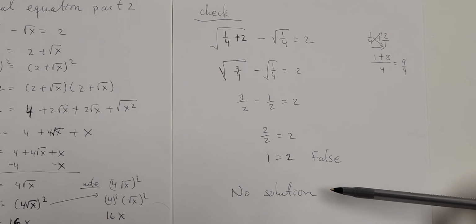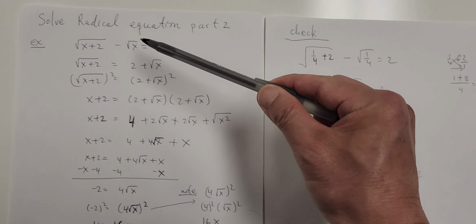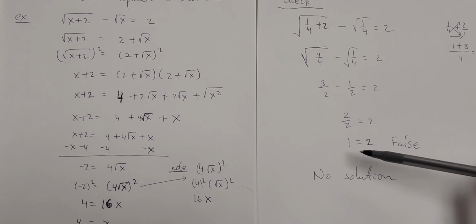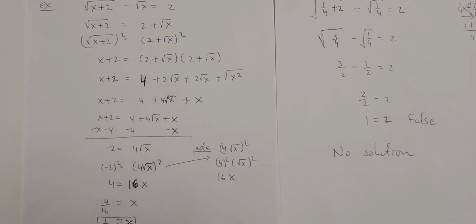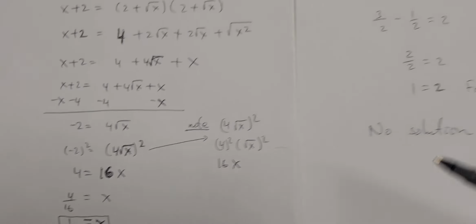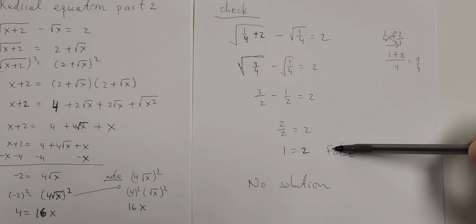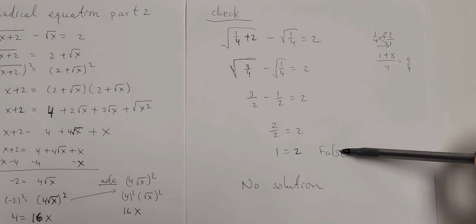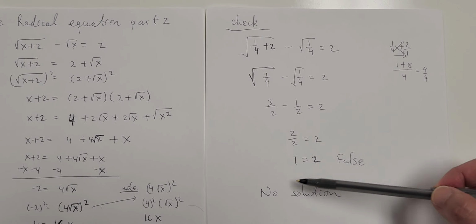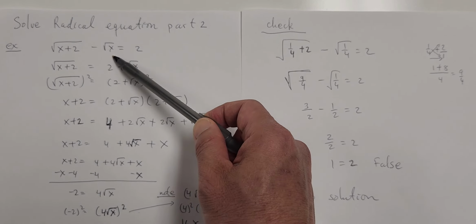So 1/4 is no longer the solution to this equation, and therefore there is no solution. One more time. When we solve, it came out to be 1/4. After we check if it's true or false, it came out to be false, so there is no solution to this equation from the original.